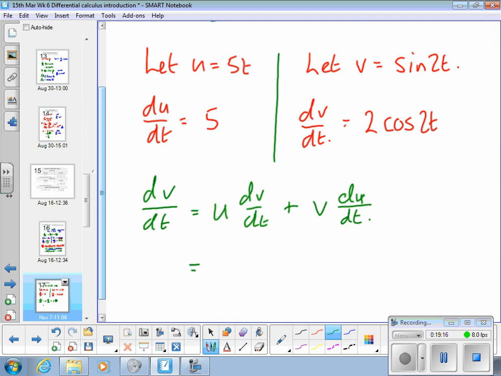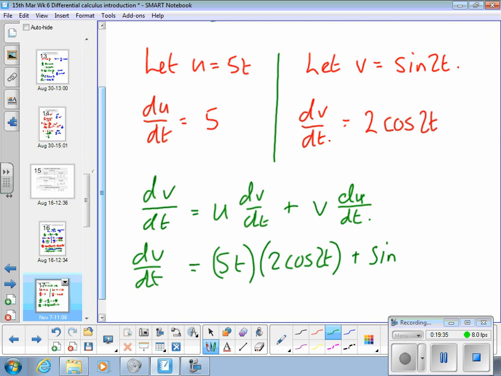So we put our numbers in. u was 5t. dv by dt is 2 cos 2t. v was sine 2t. I've got to multiply that by a half. Everyone see where those come from? Yeah.